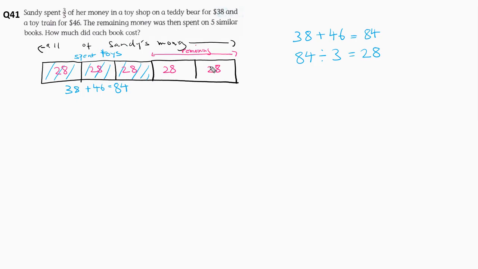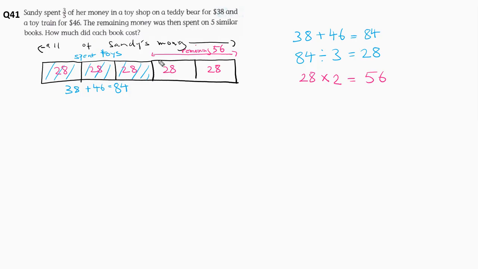Now, we can find out what the remaining money was. Well, the remaining money is 28 times 2, which is 56. So the remaining is 56, and that was spent on 5 similar books. How much did each book cost?